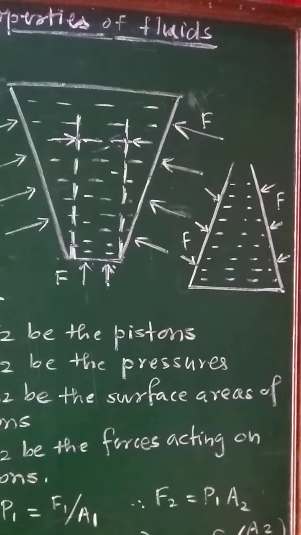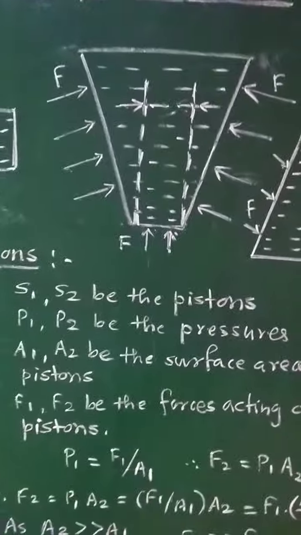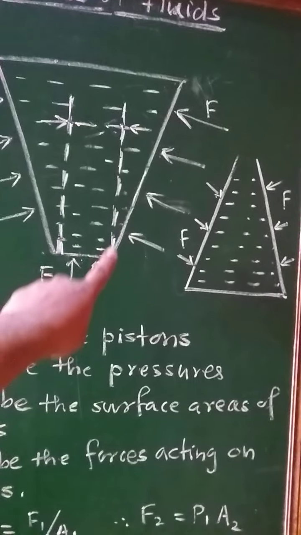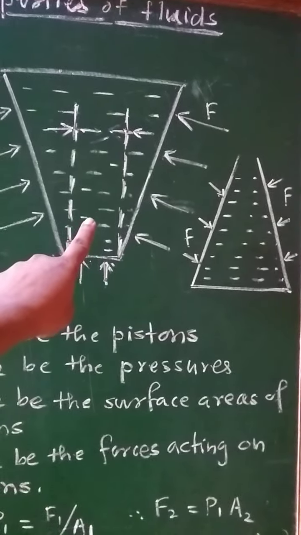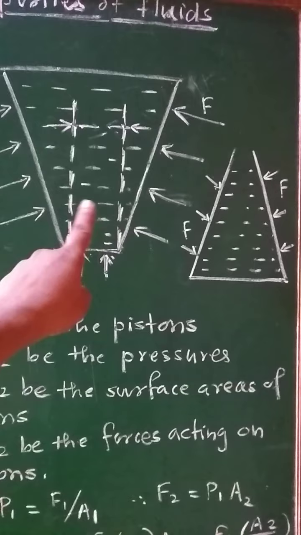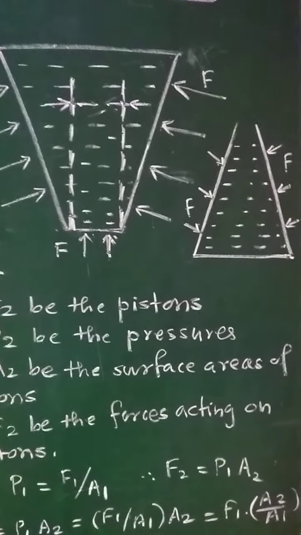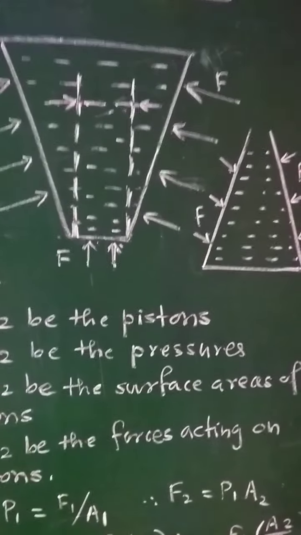In this figure, for the walls of the container which are vertical, the liquid contained in it will exert force on the walls in the outward direction, in the horizontal direction, that is perpendicular to the walls.